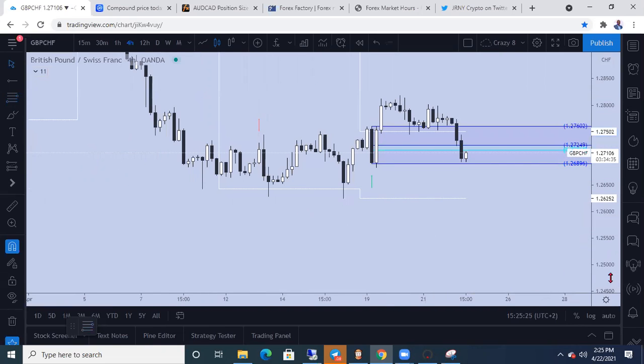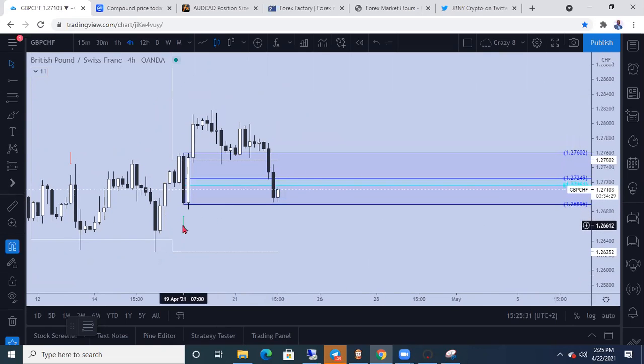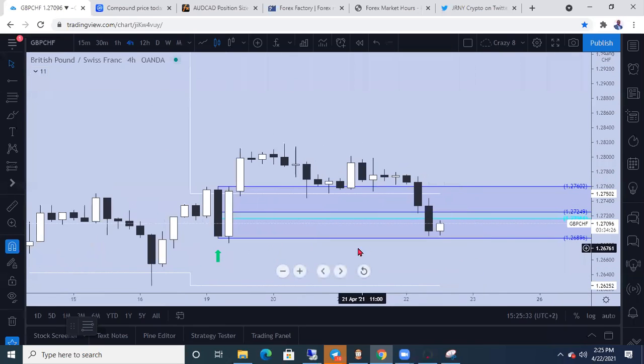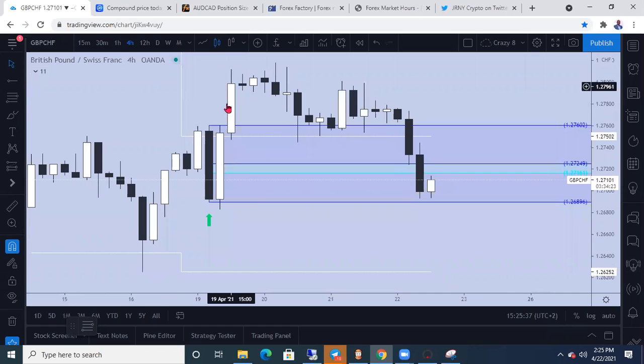So here we have a bullish setup. In fact, this green arrow for the H4PC would have appeared after this candle closed. So once we see that, we're basically buyers.